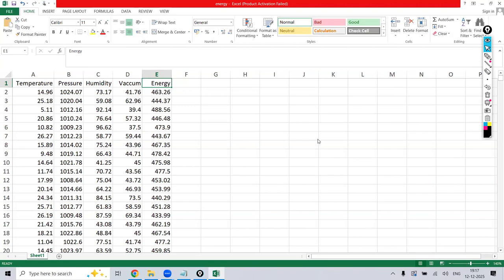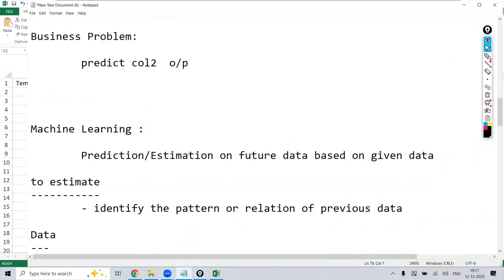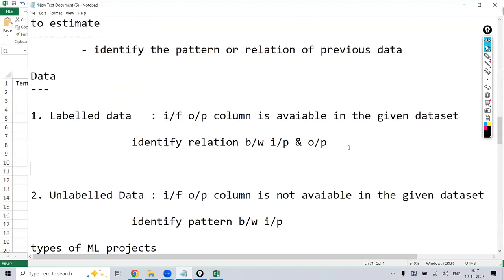Is everyone understood till now? What have we discussed? Labeled data with a regression project, labeled data with a classification project. For labeled data, we can apply either regression or classification.